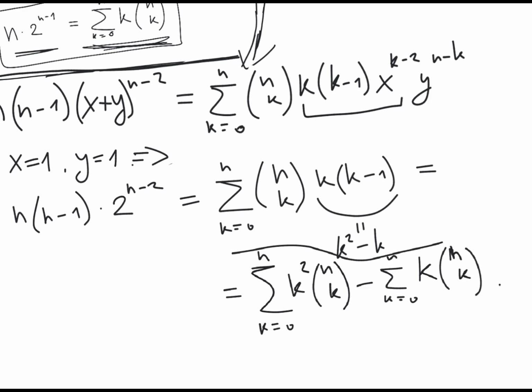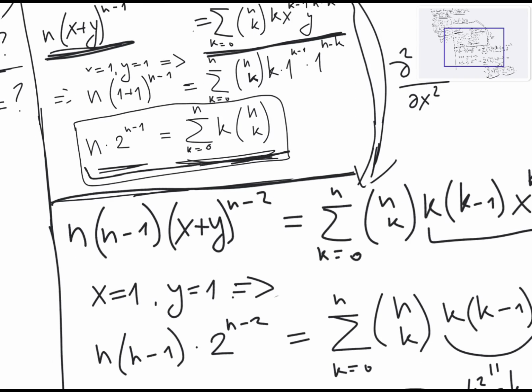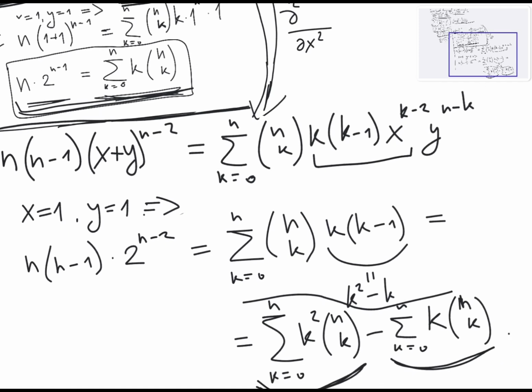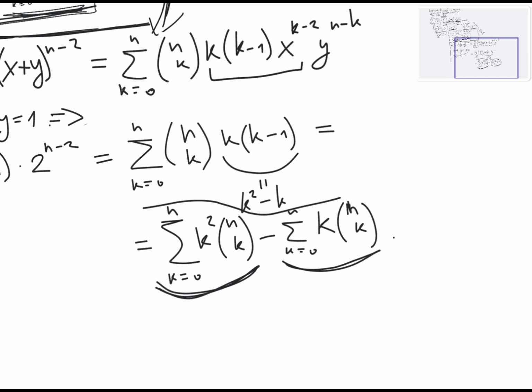Now we observe that this is the sum that we need to calculate, and this is the sum that we already calculated in the previous step, when we took the first derivative. So this sum is simply equal to n multiplied by 2 to the power n minus 1.